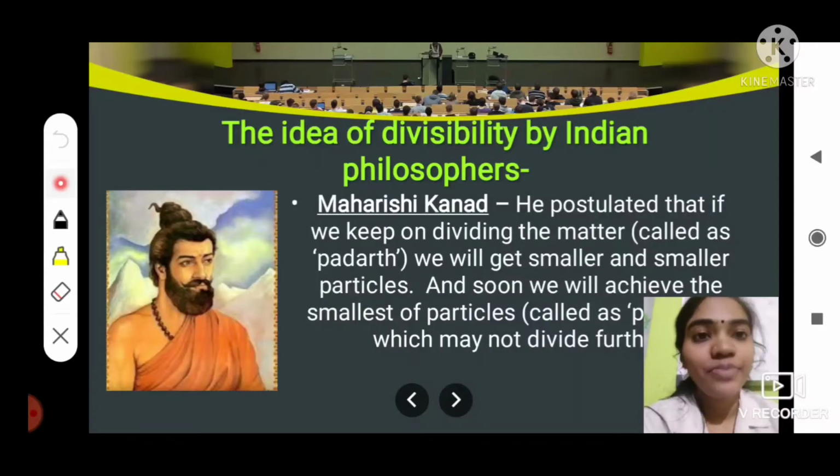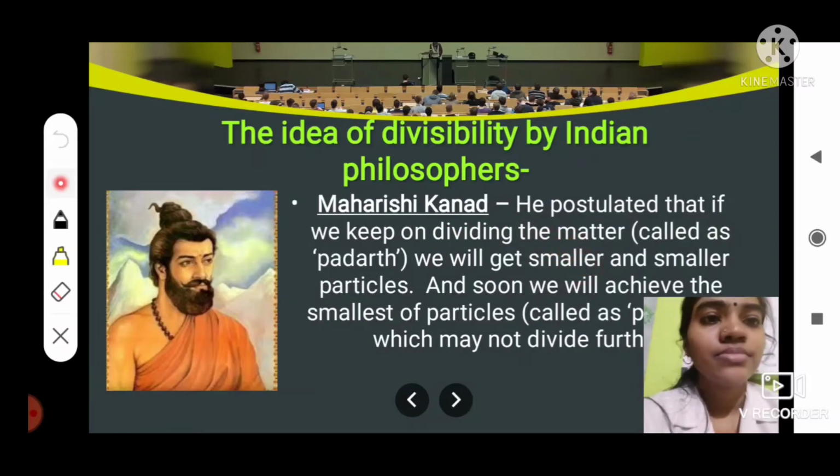Around 500 BC, Indian philosopher Maharshi Kanad proposed that if we keep on dividing matter, we will get smaller and smaller particles of matter. Ultimately, we will get a smallest particle of matter which cannot be divided further.